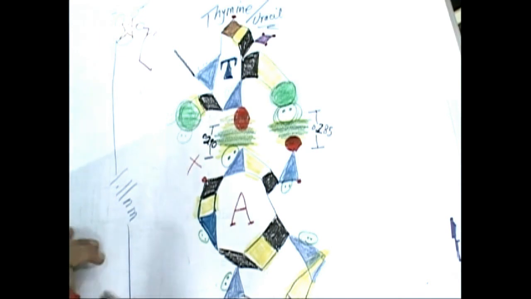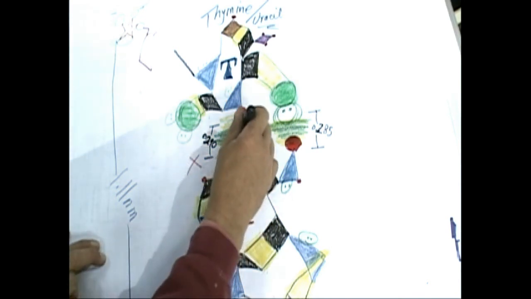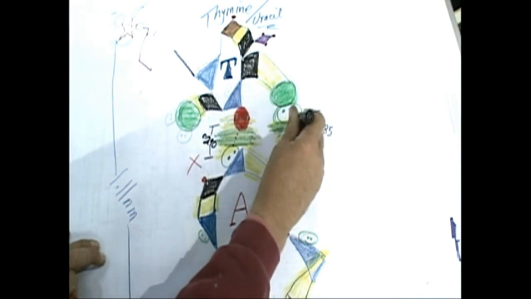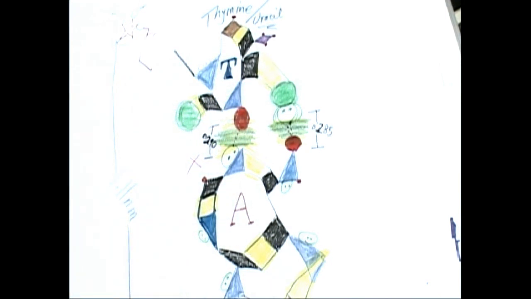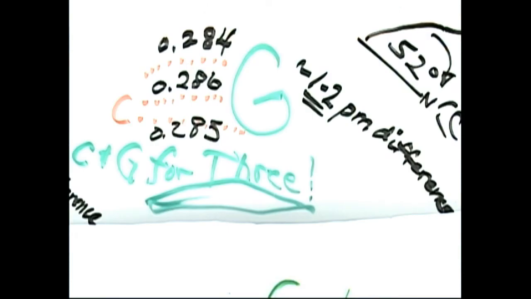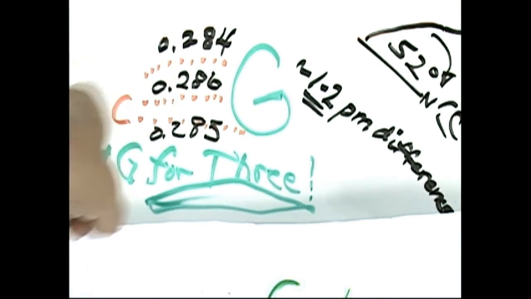So the point is, though, that there's 2 bonds in there. The next one's going to have 3. All right, now we're going to compare these two, the cytosine and the guanine.